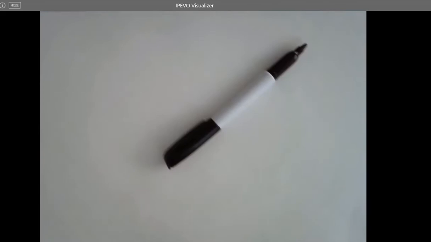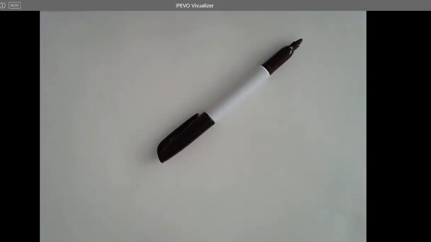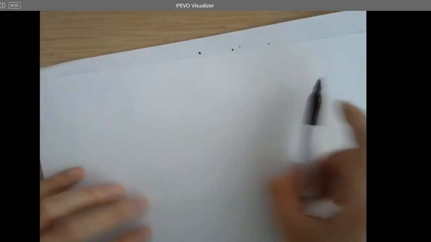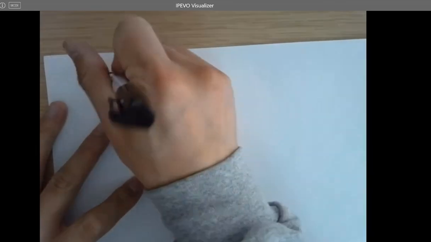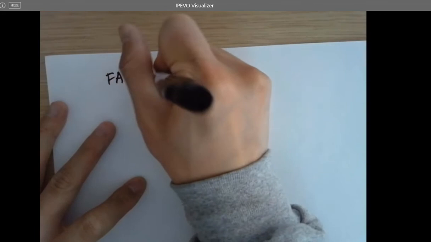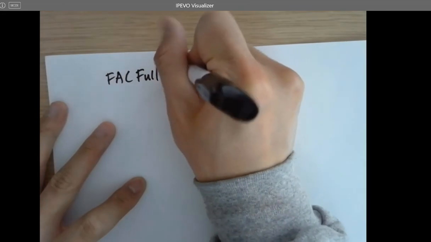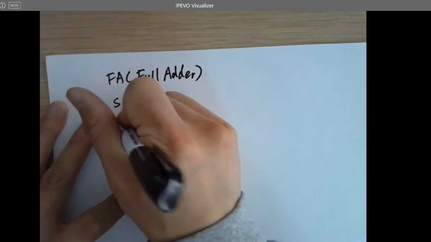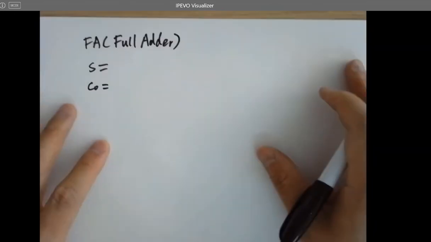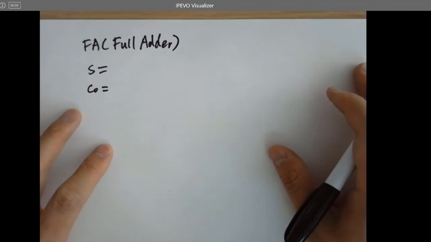We have some examples for designing an adder. So you guys know the structure for the regular ripple carry adder. S is, CO is, 1 bit.